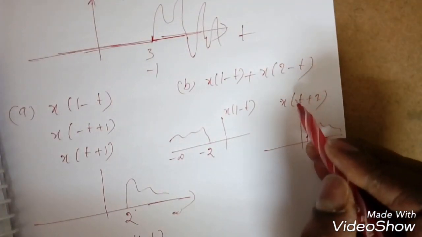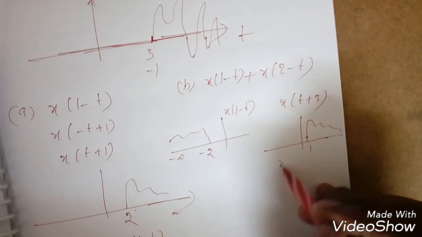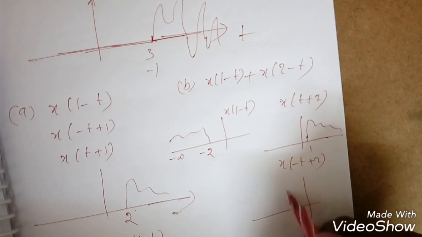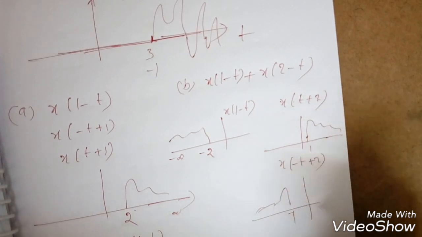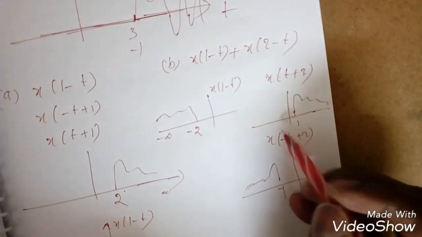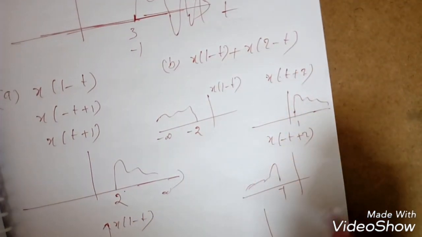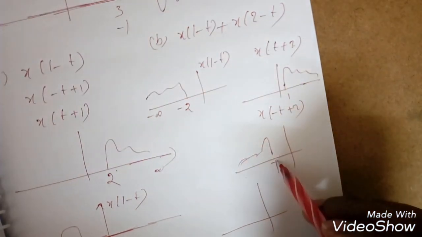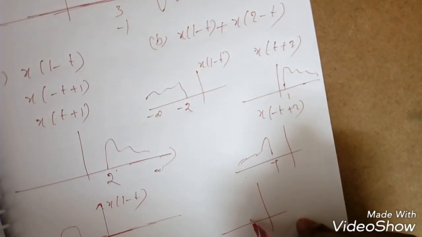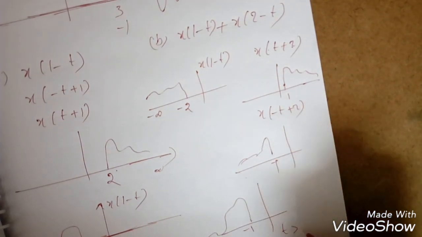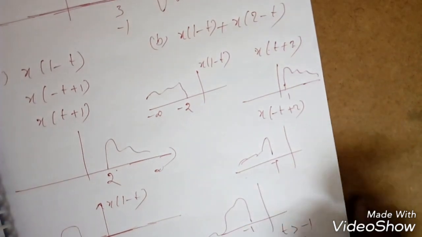Now if I do the reversal, minus t plus 2, it will become from minus 1. This is a signal. If I add these two signals, what is the resultant? This is minus infinity to minus 2, and this is minus infinity to minus 1. So the whole resultant goes up to minus 1. Now it is guaranteed to be 0 where t is greater than minus 1.